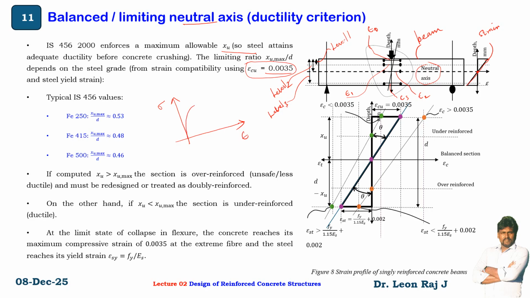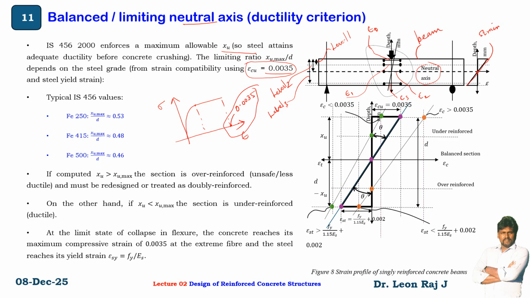Initially it is parabolic, and after that it is constant. In the constant portion, the maximum strain is 0.0035. That's how the strain 0.0035 has been arrived at.